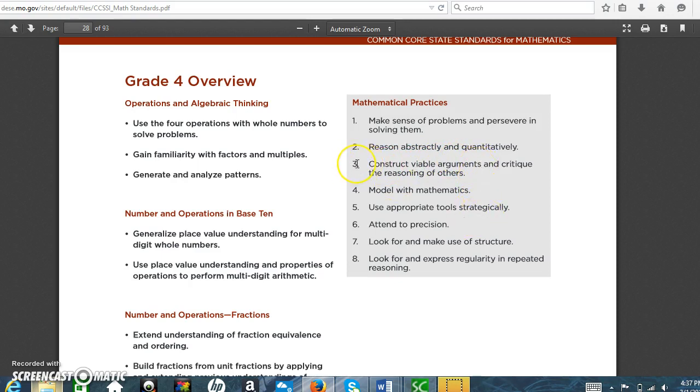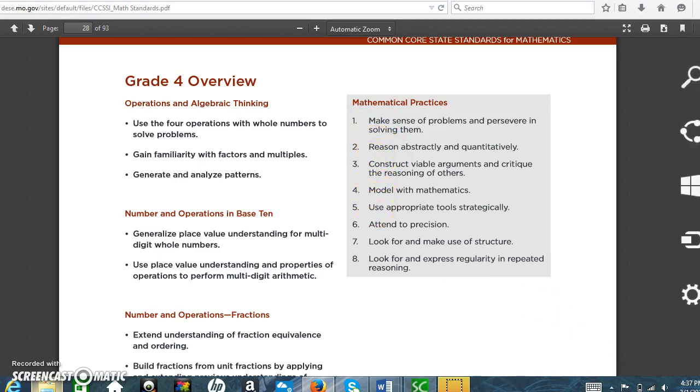They should be able to construct viable arguments and critique the reasoning of others, model with mathematics, use appropriate tools strategically, attend to precision, look for and make use of structure, and then finally look for and express regularity in repeated reasoning. Now, obviously, we're talking kindergarten through 12th grade here. The particular area that students will be using these skills or practices in is widely different.